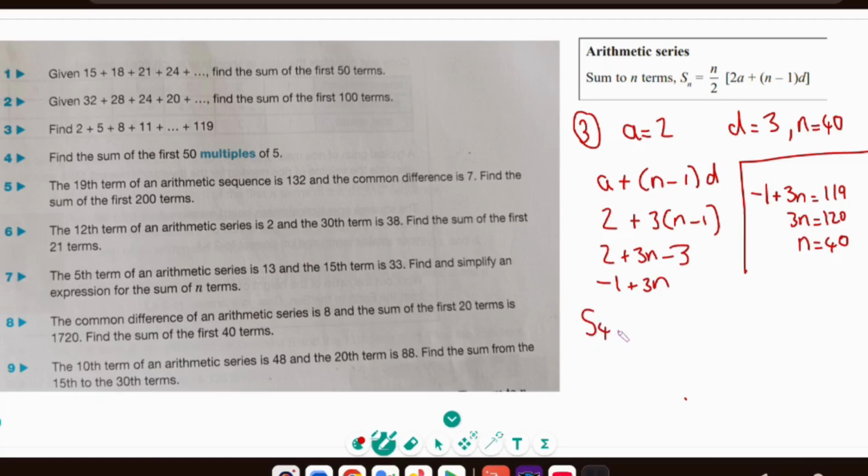So we'll sum in the first 40 terms. And times 121. 2,420.